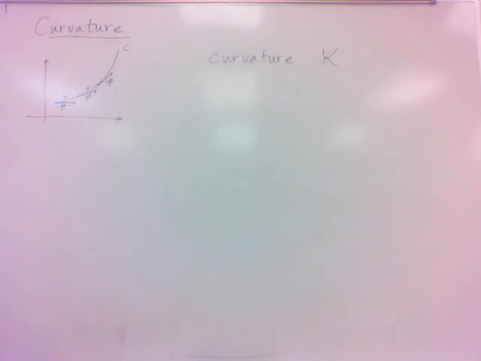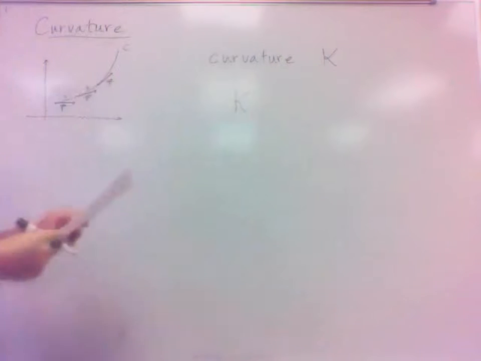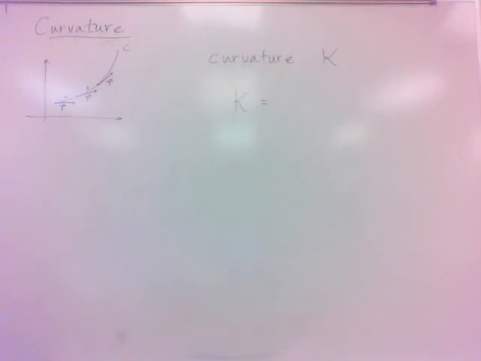So it's the rate at which the direction changes. Well, how do we write that in some terminology we're used to? It's the rate of change with respect to the arc length.